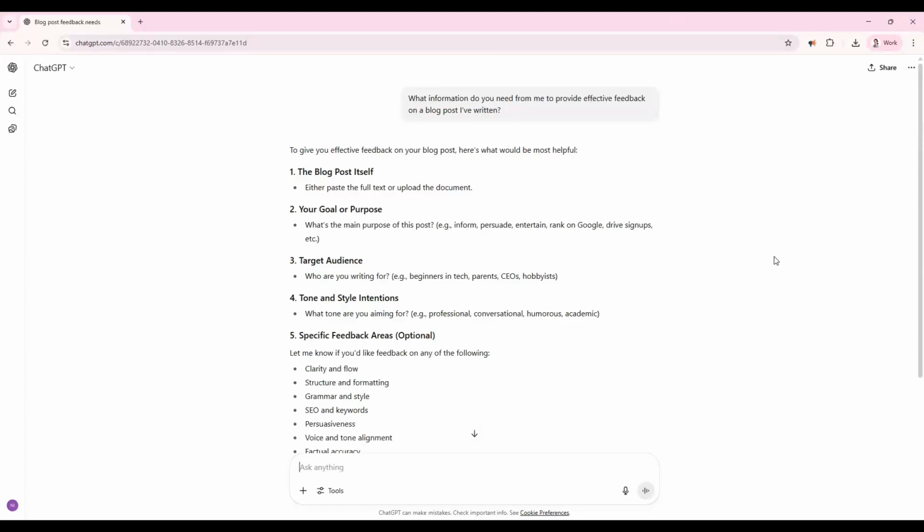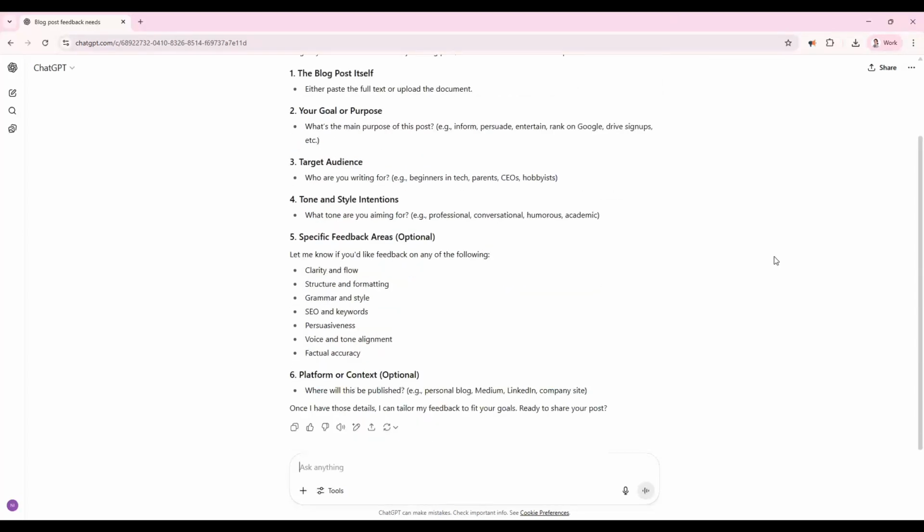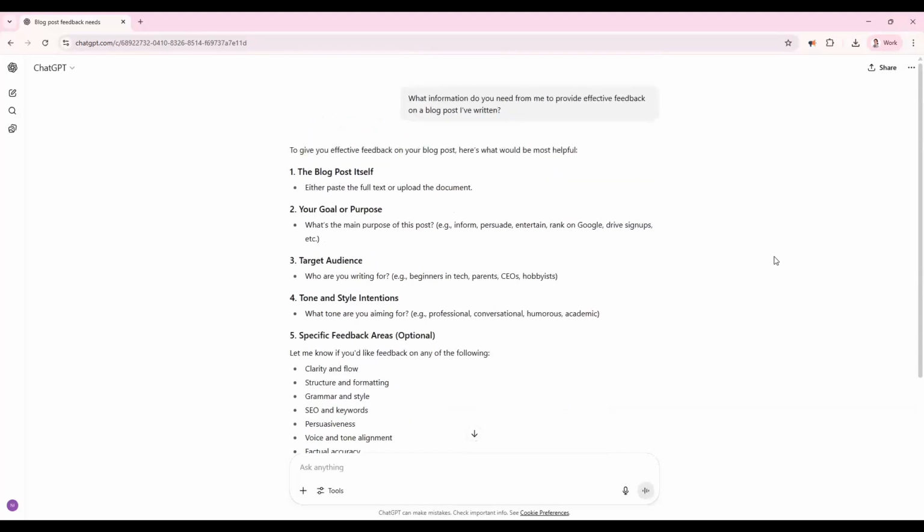Okay, so lots of things there. The first one, which goes without saying, is the blog post itself. We're going to copy and paste that in a moment into this box here. We also need to know: what is the goal or the purpose? Is it to inform?